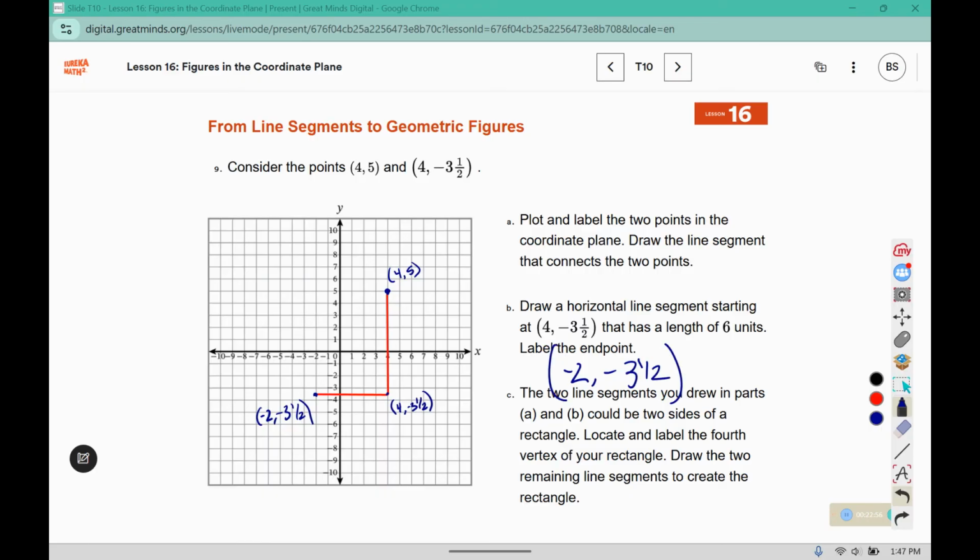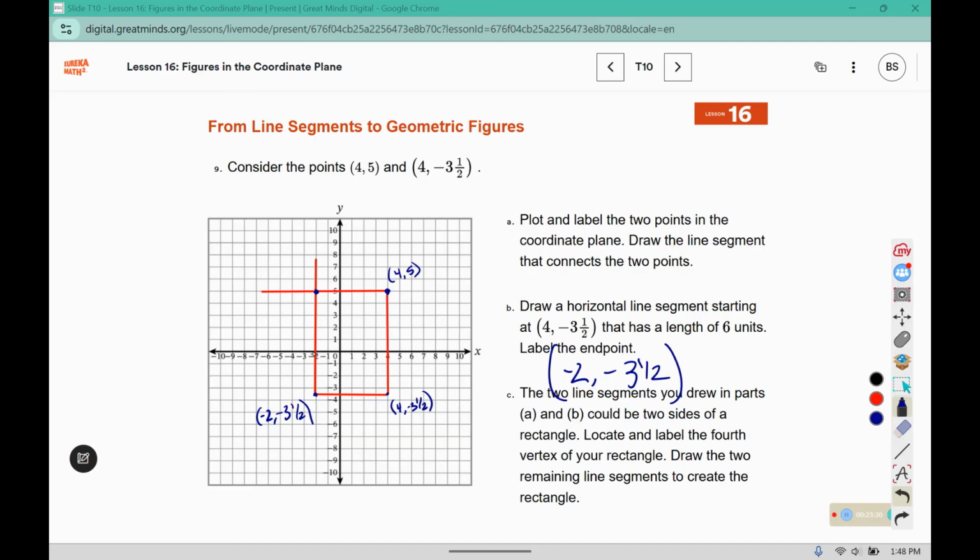The 2 line segments you drew in parts A and B can be considered the sides of a rectangle. Locate and label the 4th vertex of your rectangle. Draw the 2 remaining line segments to create the rectangle. So again, if we continue this one going out towards the left, and this one continuing up, you can see that those line segments cross at what would be the 4th vertex.